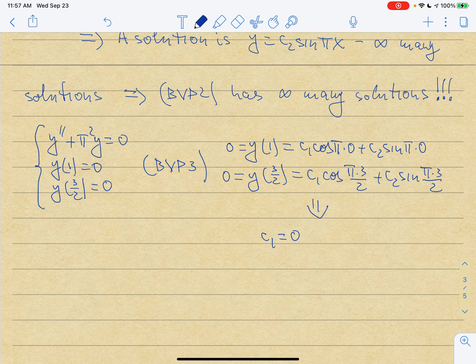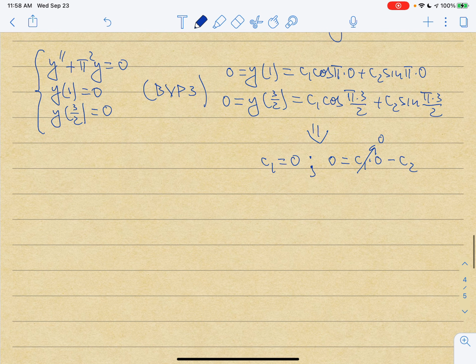And then from the second equation, I'm going to get that 0 is equal to c1 times cosine of 3 pi over 2, which is 0, plus sine of 3 pi over 2, which is minus 1, so minus c2. Regardless of what c1 is, c1 times 0 is 0. And so what we get is that both c1 and c2 should be 0.